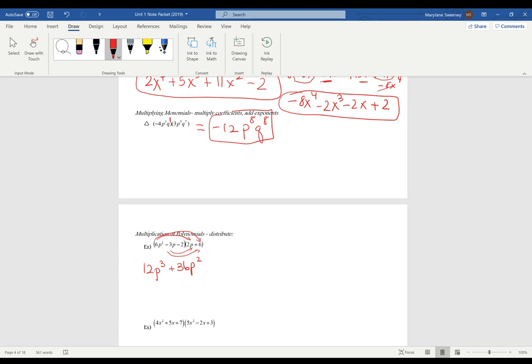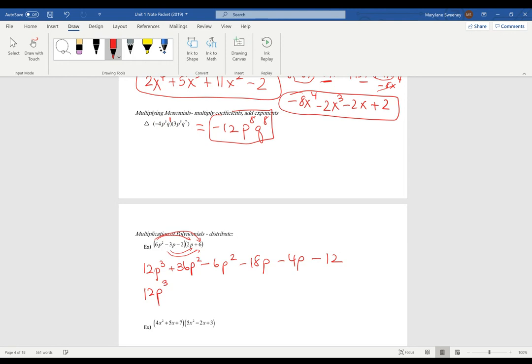Then we do the negative 3p to the 2p, which is negative 6p squared. The negative 3p to the 6 is negative 18p. The negative 2 with the 2p is negative 4p, and the negative 2 with the 6 is negative 12.